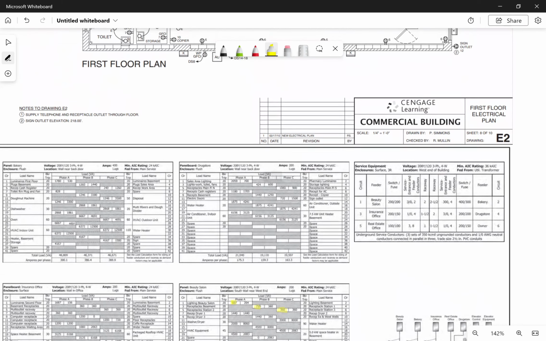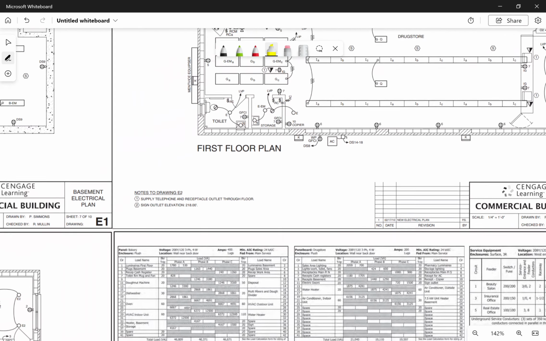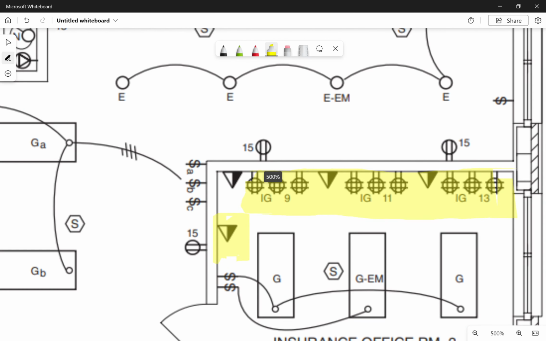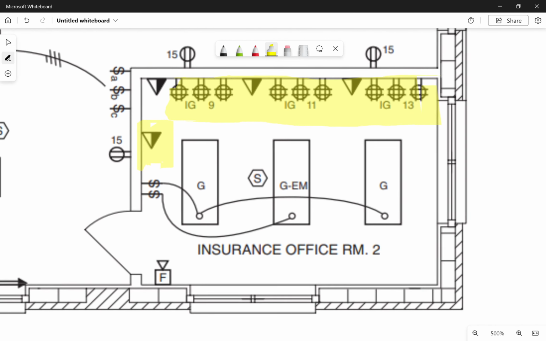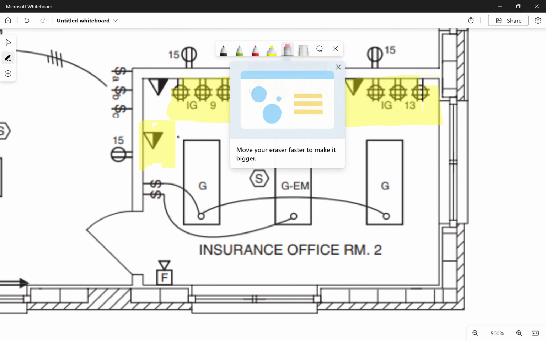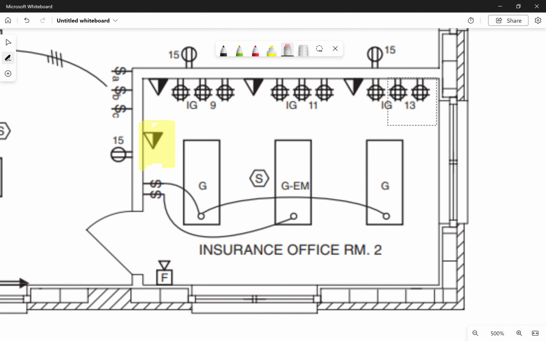One last symbol that I missed earlier that I want to go back and cover. If we go back down here to our Bitcoin mining operation in the insurance office, we have an IG symbol that's beside all of these receptacles, and what that's telling us is that there is an isolated ground.